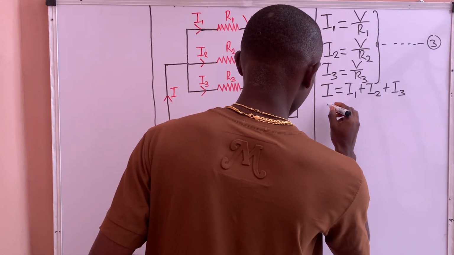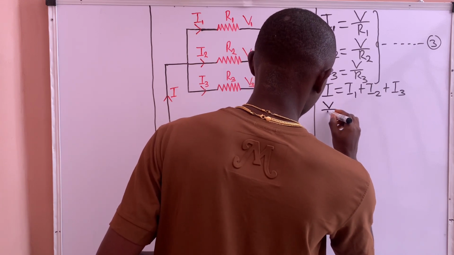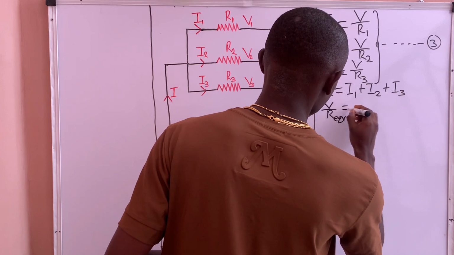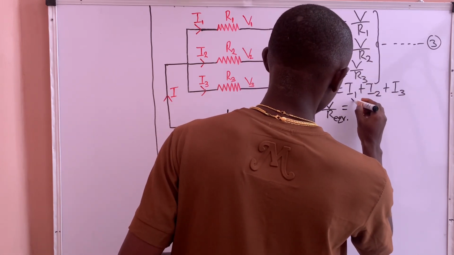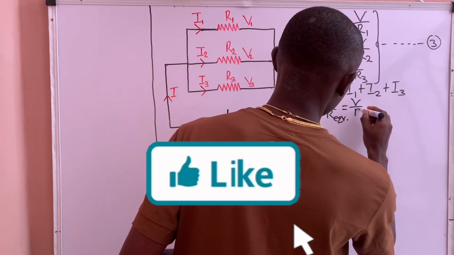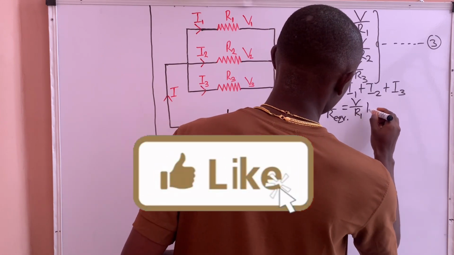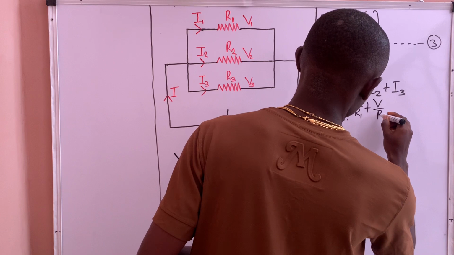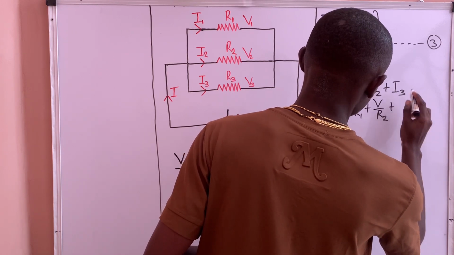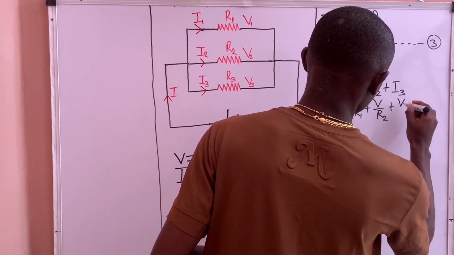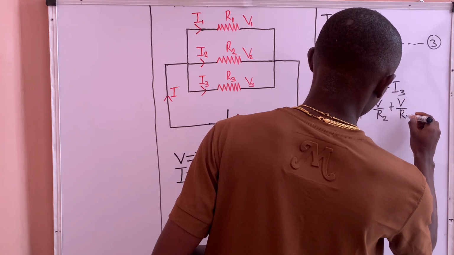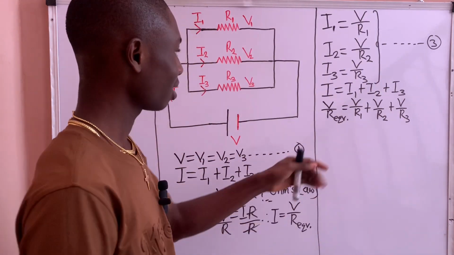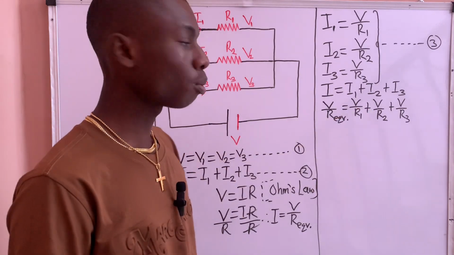So it will be V all over R equivalent, which equals I1, which is V all over R1, plus I2, which is V all over R2, plus I3, which is V all over R3. Something is common here: V is common.